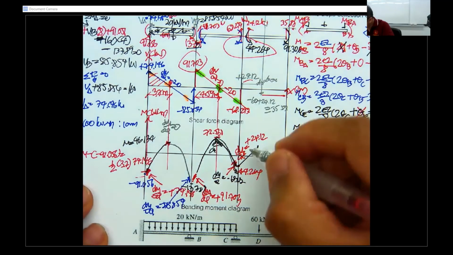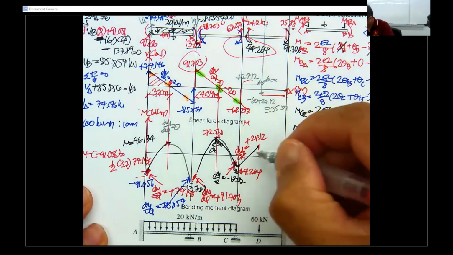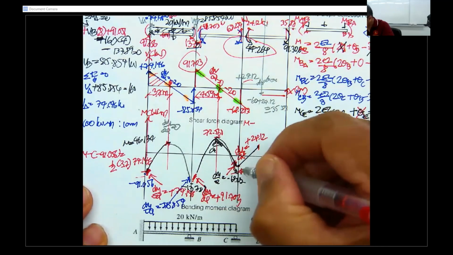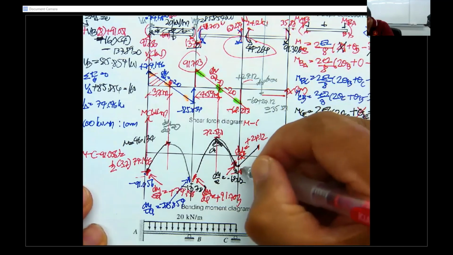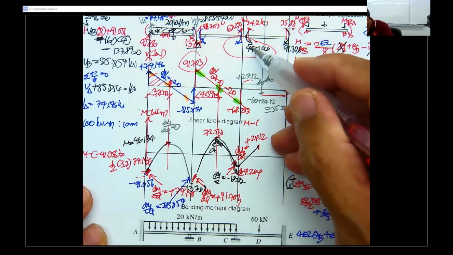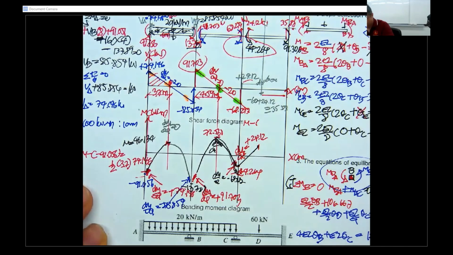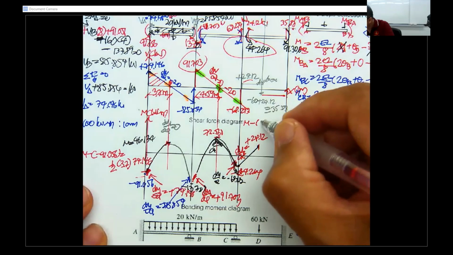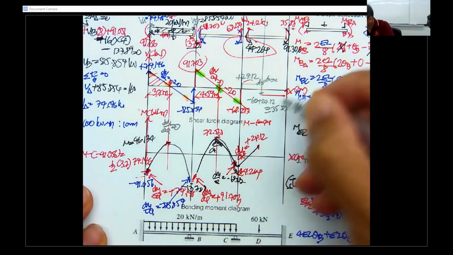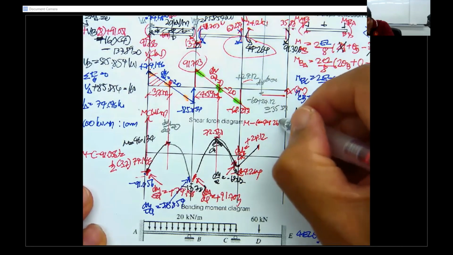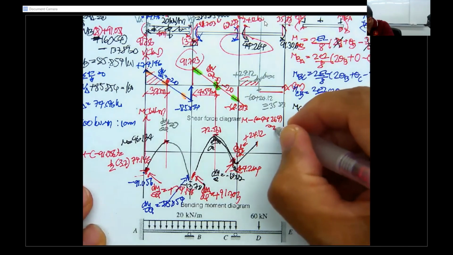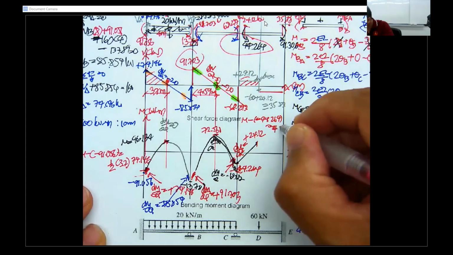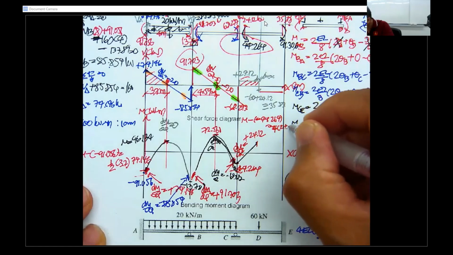Okay, and the moment here, minus 44.264, is going to be equal to this area, 4 times 24.12.